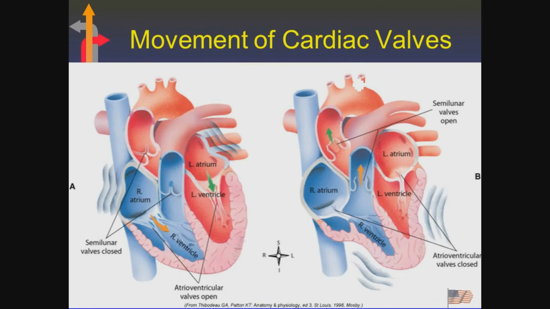We know the cardiac valves, a couple of things about them. First of all, during diastole, you end up having blood moving from the atrium to the ventricles. So the tricuspid and the bicuspid valves are the two that are open. During systole, when the heart muscle contracts, a couple of things happen. First of all, the two semilunar valves, the aortic and pulmonic, both open.